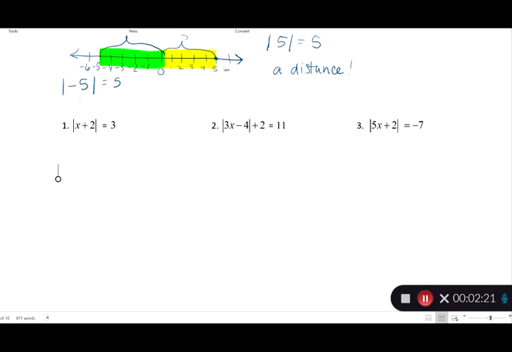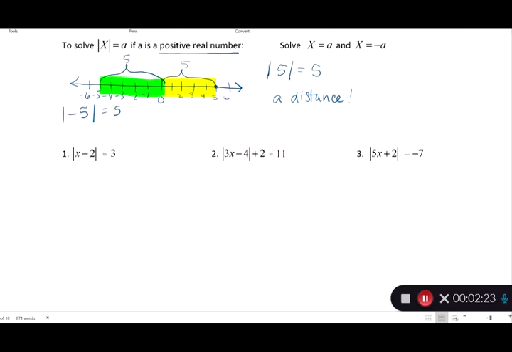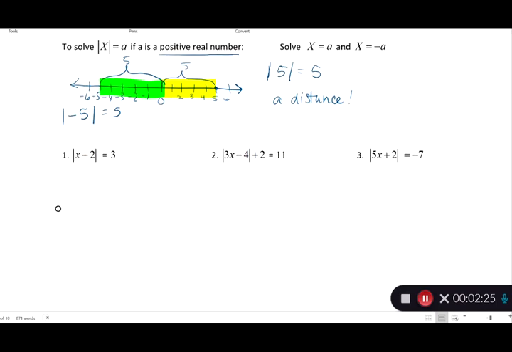So now when we're looking at an absolute value, the first thing we need to do is ask, is it equal to a positive real number? Yes, 3 is a positive number. Pretty much every number we've worked with up till now is a real number, so we're good on that.